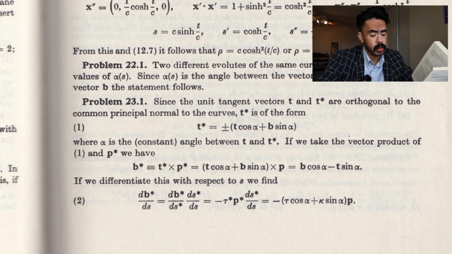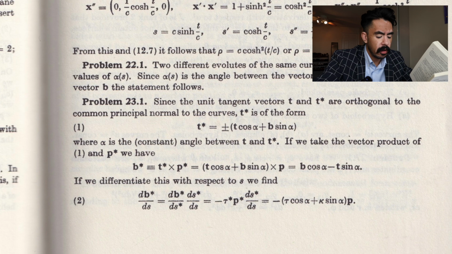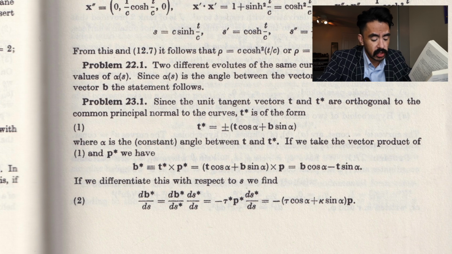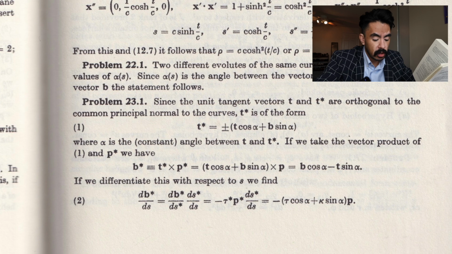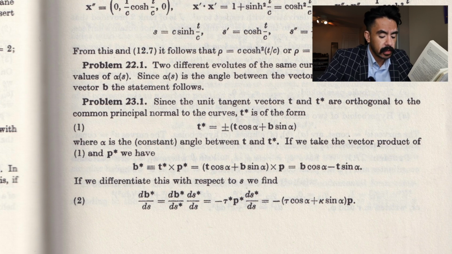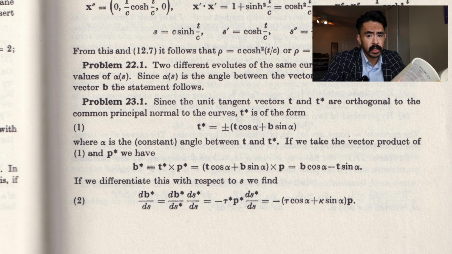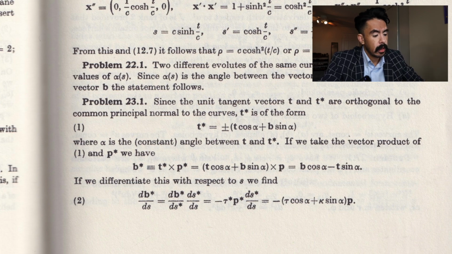If we differentiate this with respect to arc length s, we find d/ds of b star is equal to db star/ds star times ds star/ds, which is equal to negative tau star times vector p star times ds star/ds, which is equal to negative quantity tau times cosine of alpha plus kappa times sine alpha, closed quantity, times vector p.